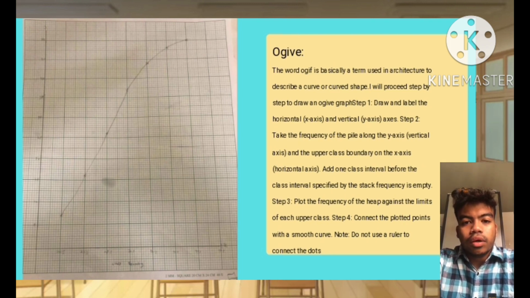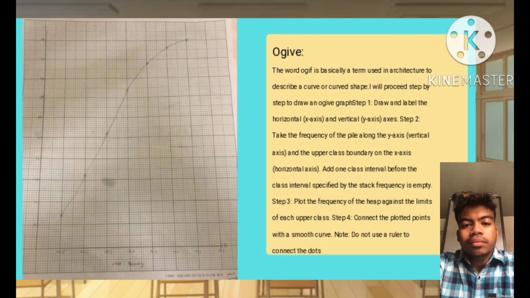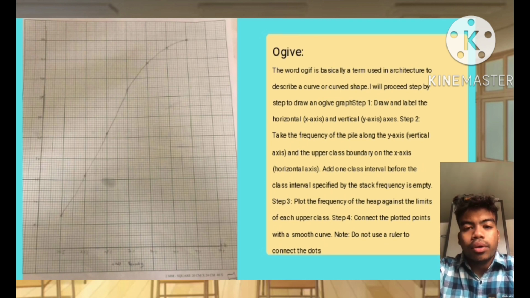Take the frequency along the y-axis, the vertical axis, and the upper class boundary on the x-axis, the horizontal axis. Add one class interval before the first class interval specified, with a starting frequency of zero.